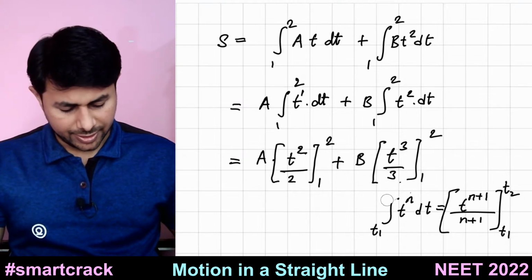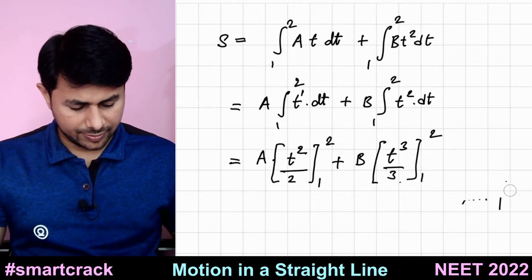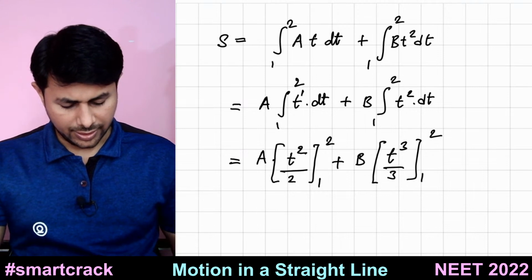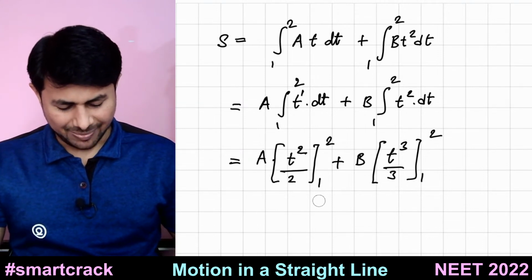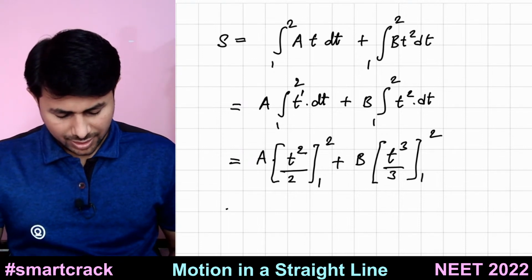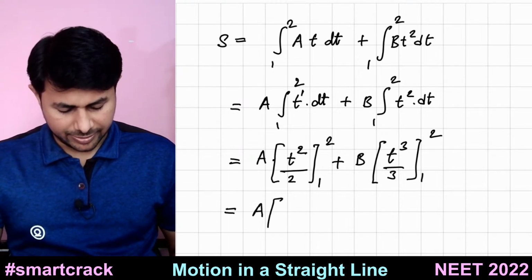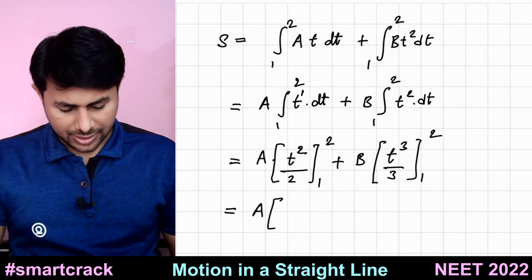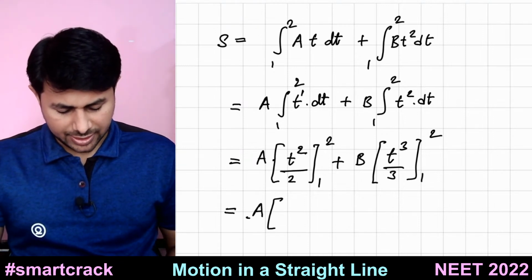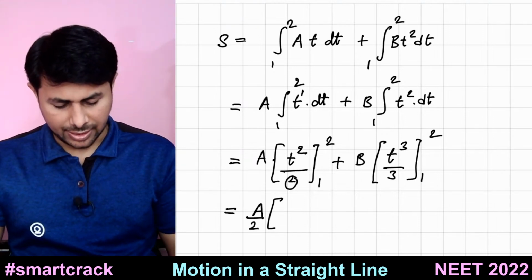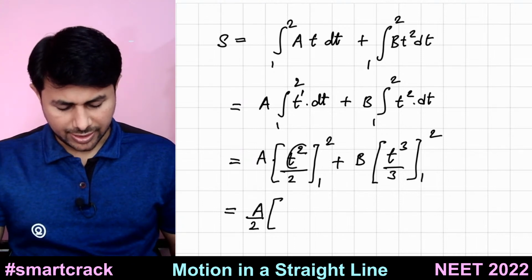And now let's substitute the limits, upper limit and lower limit. So it is equal to a times, let's substitute, upper limit is 2. We can take this 2 from the denominator outside, so it is t square.